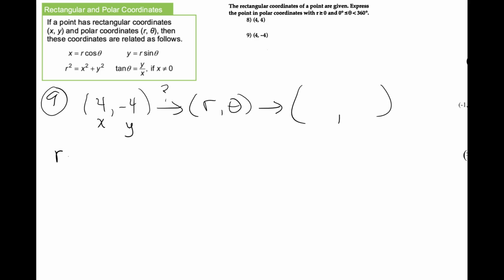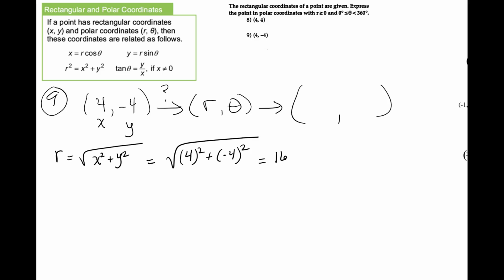Again, we recall the formula that r equals the square root of x squared plus y squared, and this one's going to be very similar to the one we just did. If you think about it, we have 4 squared plus a -4 squared. So this is going to be, again, 16 plus 16, and that, of course, is 32.